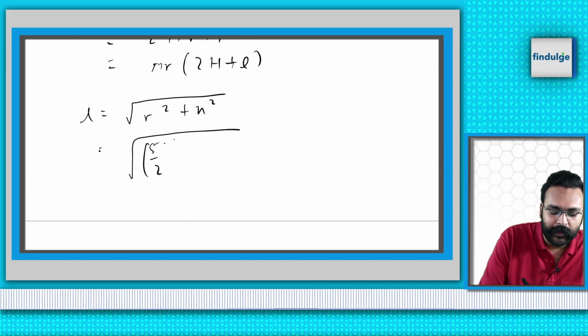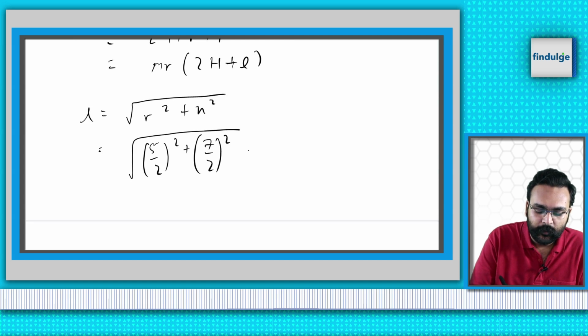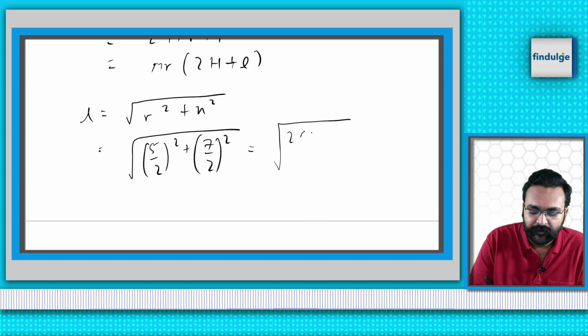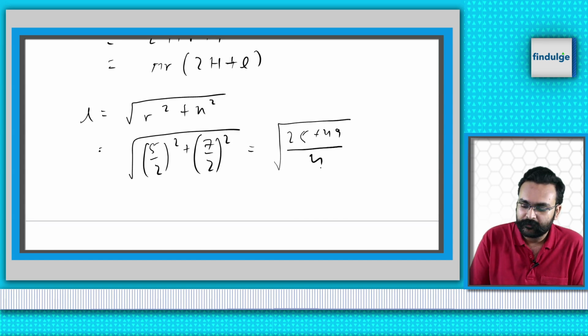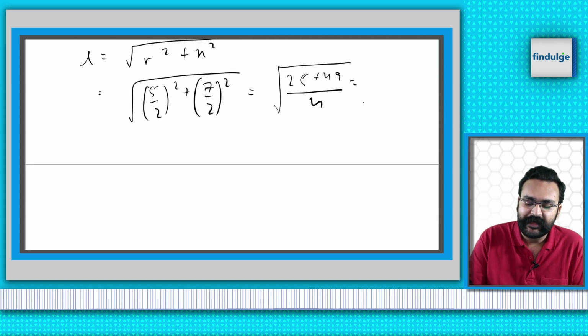5 by 2 square plus 7 by 2 square. This will come out to be root 25 plus 49 upon 4, which is equal to root 74 upon 4.